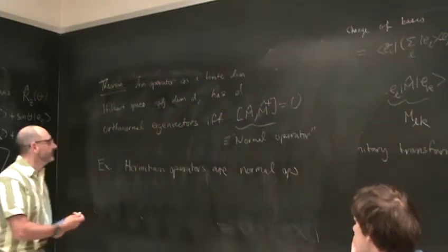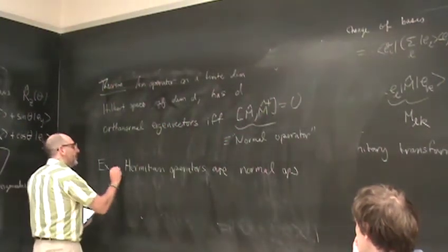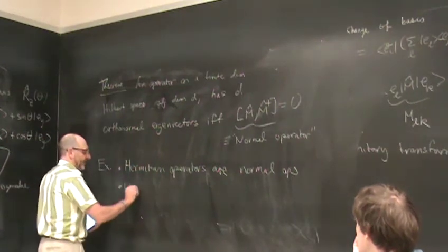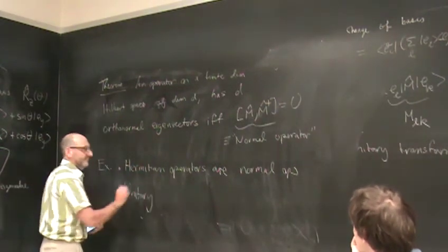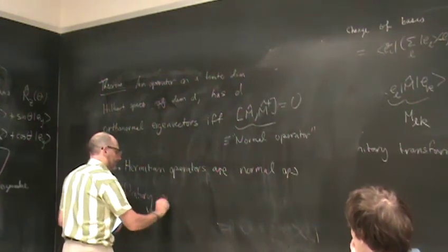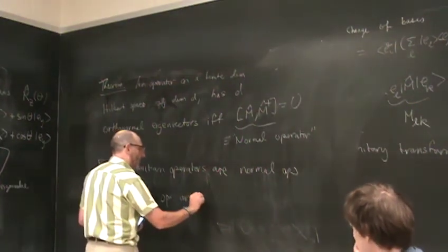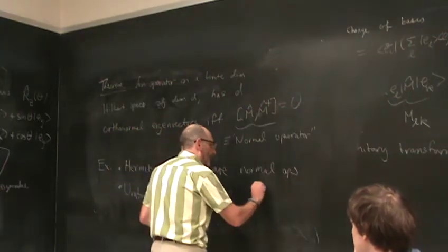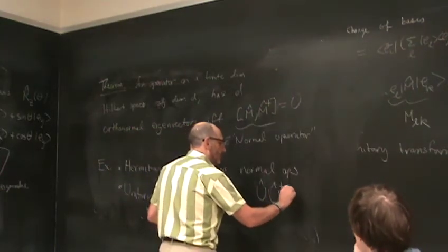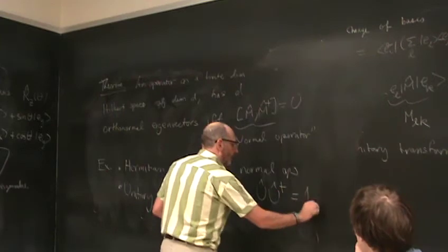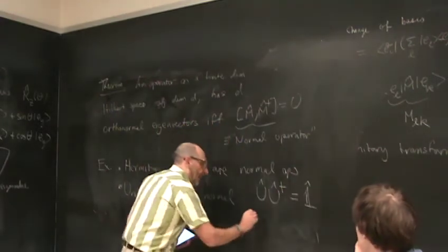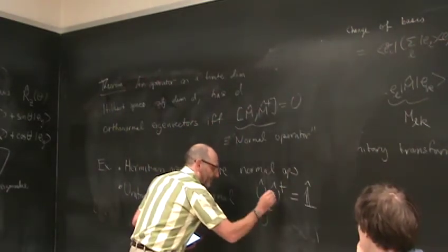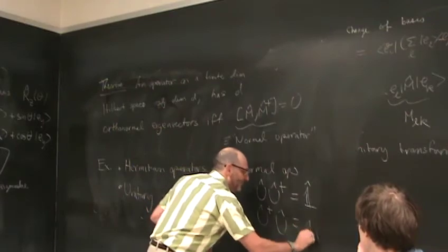So that's cool. But also unitary operators are normal operators. Why do we know that? Well, we know that U dagger U is 1, and U U dagger is also 1.